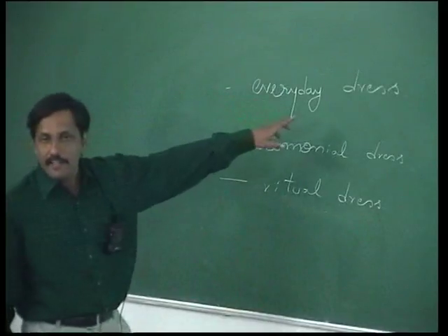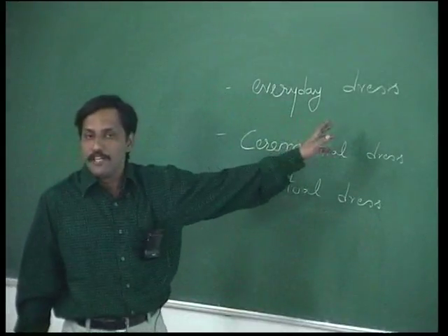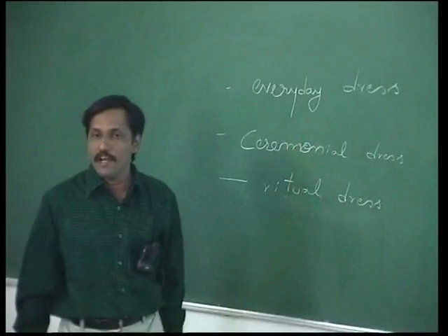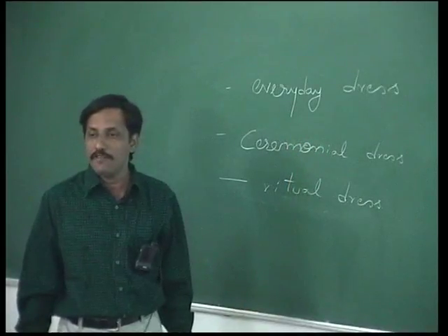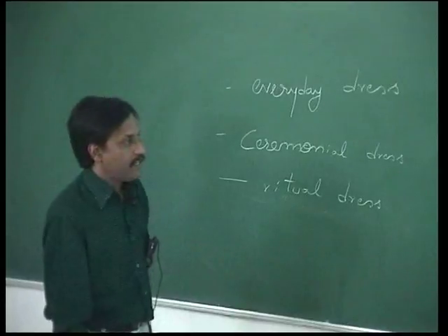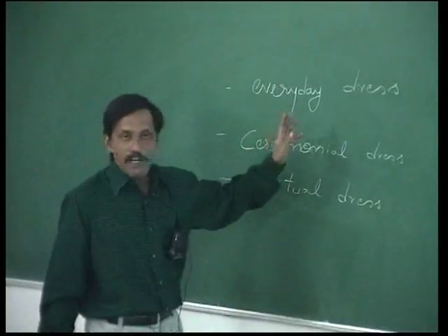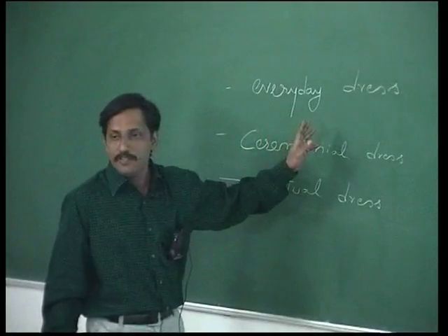Predominantly everyday dress is most seen on the streets and in the working places in India, and therefore the large component of everyday dress is associated with the production oriented values of the Indian society.